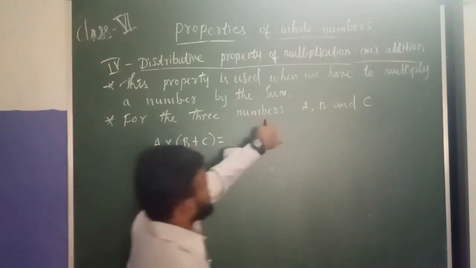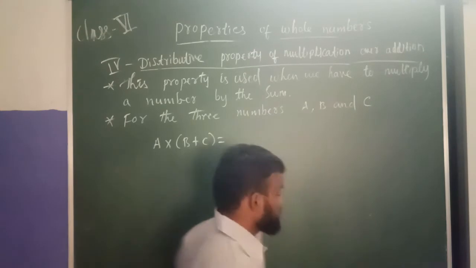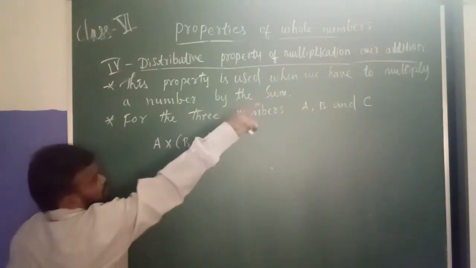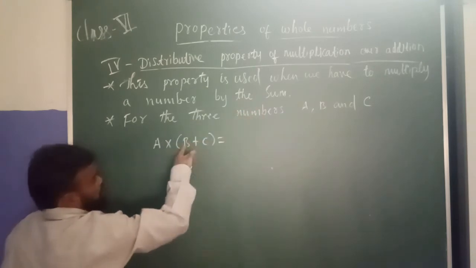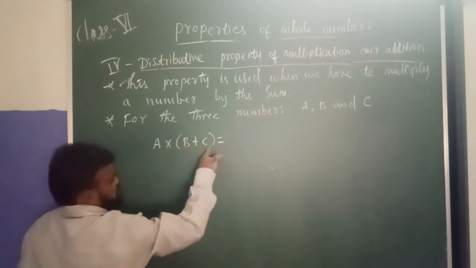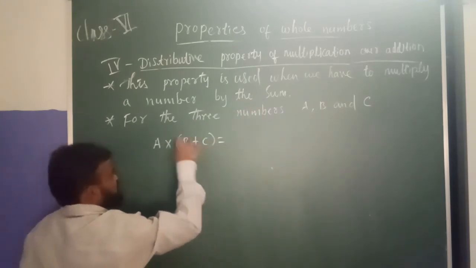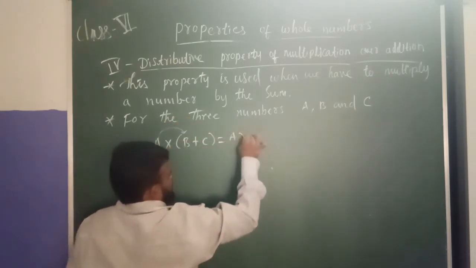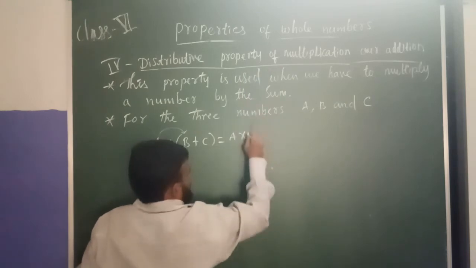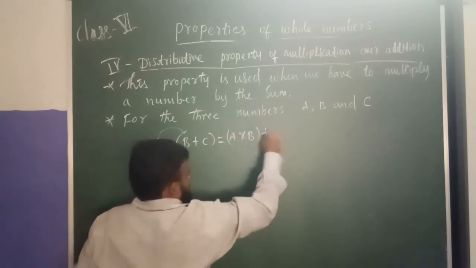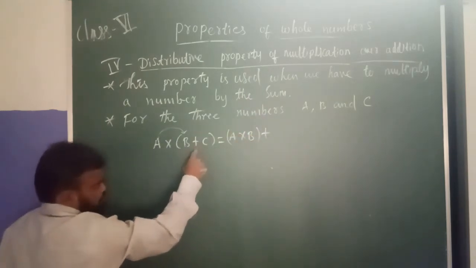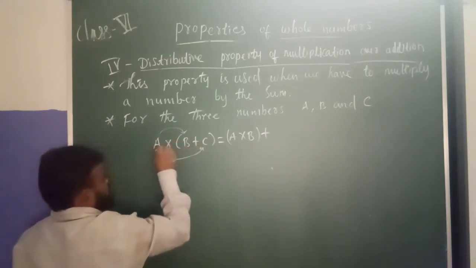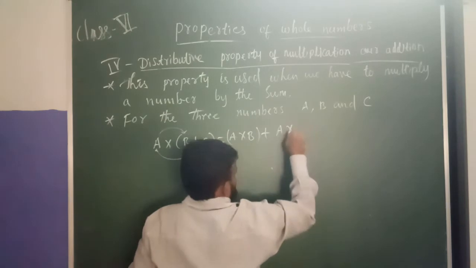For the 3 numbers a, b and c we have taken here, I will explain. a into (b plus c), multiplication over addition. This into this multiply: a into b, plus, next a into c we have to multiply, that is a into c.